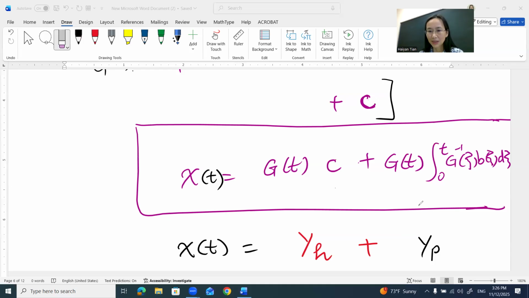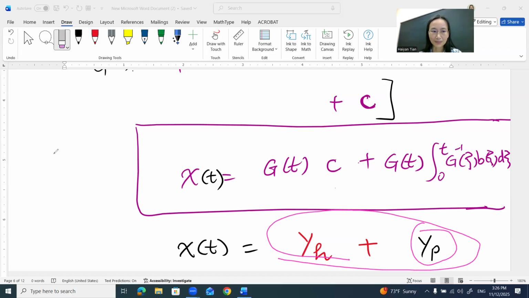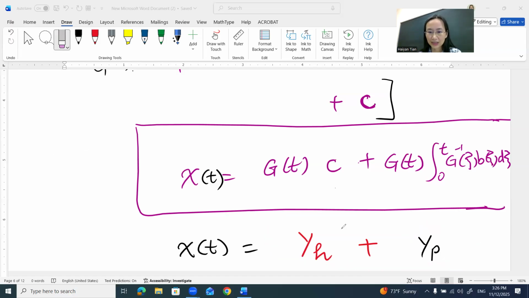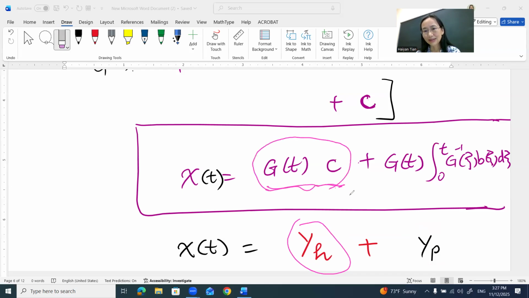That means if you can find one solution for this non-homogeneous problem, you can find all solutions to the non-homogeneous problem. All you need is to find a general solution to the homogeneous problem. And we know the general solution to the homogeneous problem is the fundamental matrix times C, right?